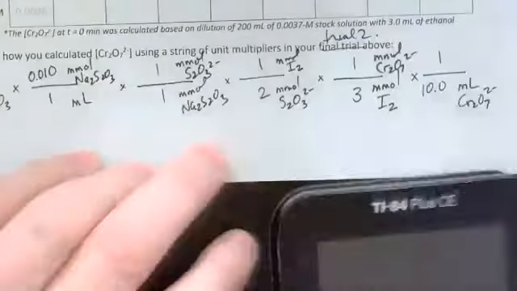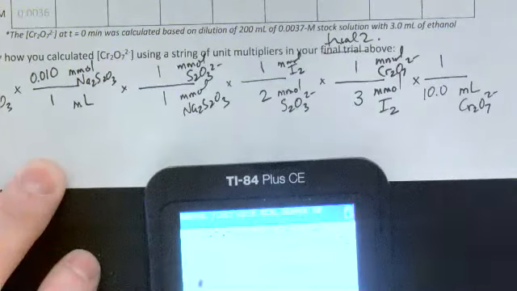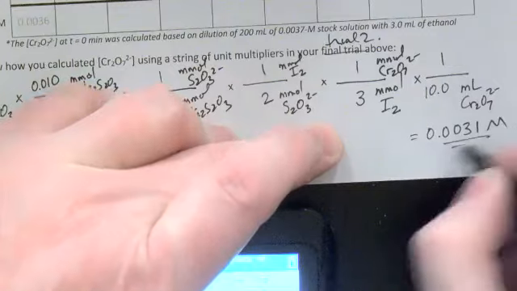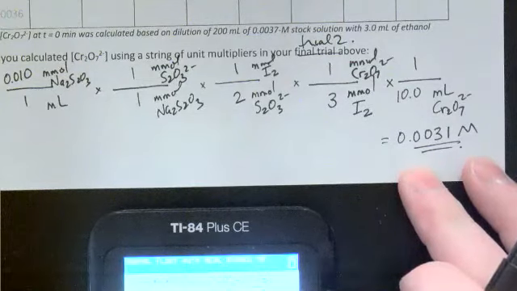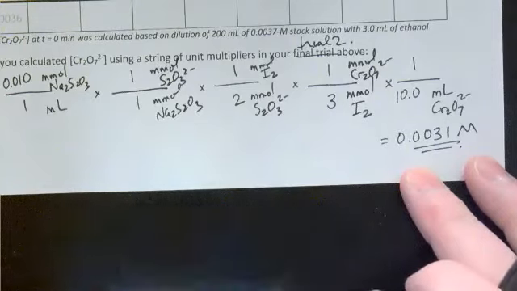Grab your calculator and get the concentration of dichromate. There were only 2 sig figs in the concentration of sodium thiosulfate, so we'll just keep 2 sig figs in this concentration. 0.0031 is what I get using the girls' data here.